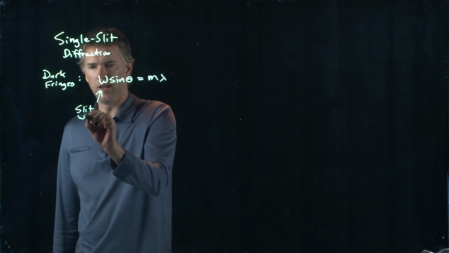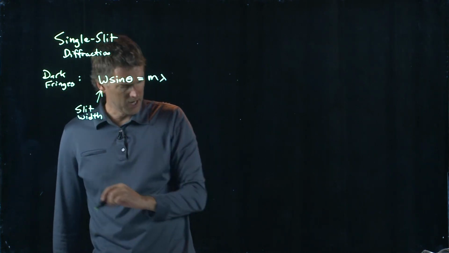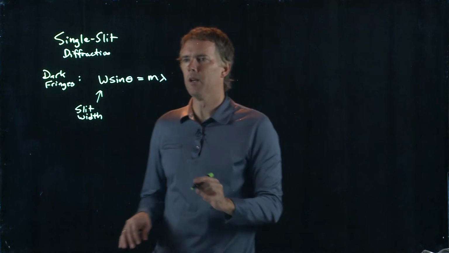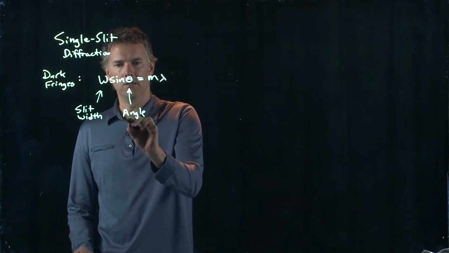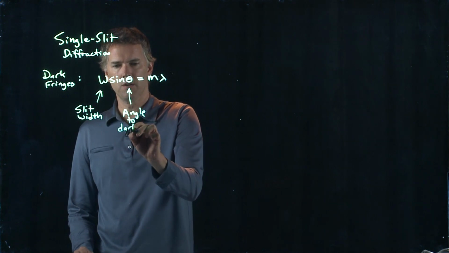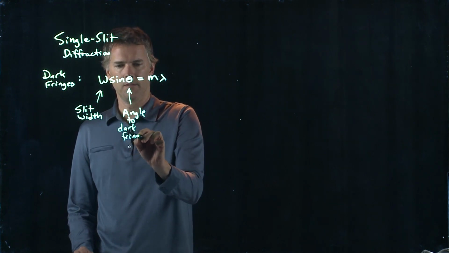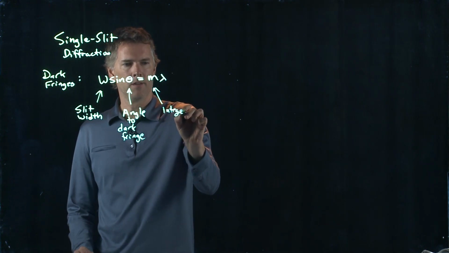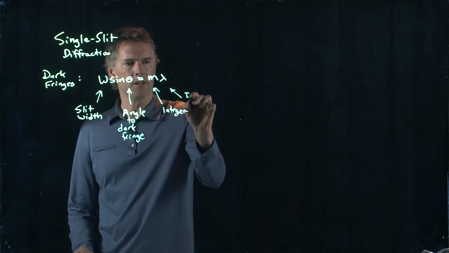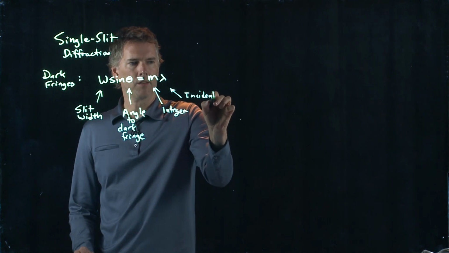W is the slit width. Okay, and I think in your book they use D, but it's the same thing. This is the angle to the dark fringe. M is, of course, an integer, and this is the incident wavelength.